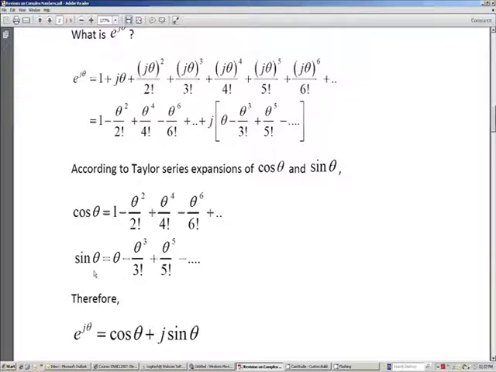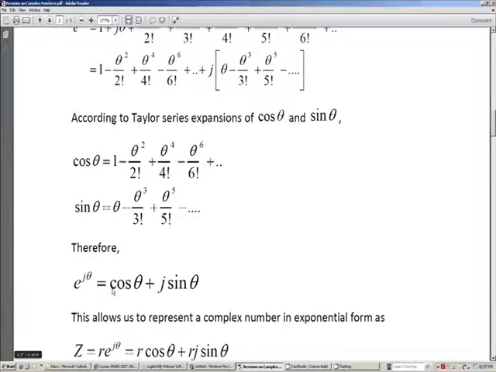Similarly, sin theta will then be theta minus theta cubed divided by factorial 3 plus theta to the power 5 divided by factorial 5 minus, etc. So therefore, for these two, real part and imaginary part, we simply can substitute cos theta and sin theta, which results in e to the power j theta is equal to cos theta plus j sin theta.